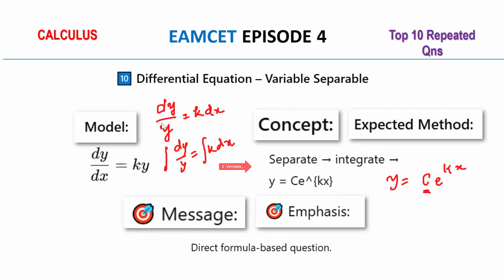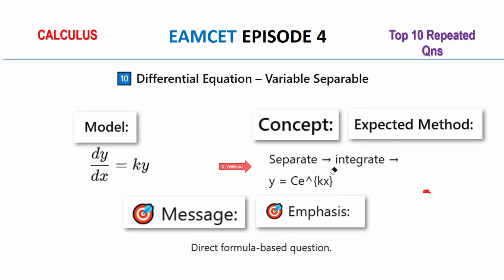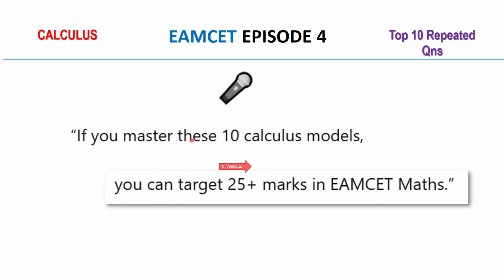Sometimes you can remember, sometimes keep a few steps in your mind, and then you can easily complete it. Finally, if you master these 10 calculus models, you can target 25 plus marks in the Eamcet maths.